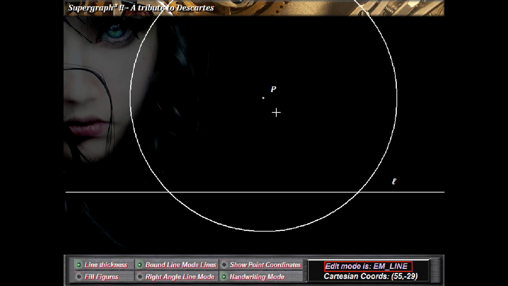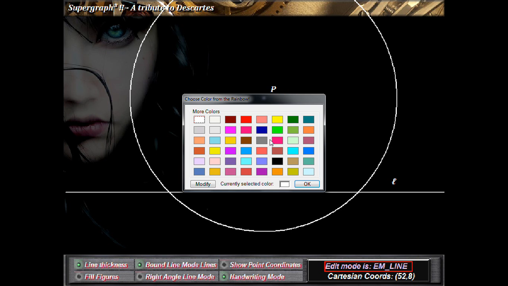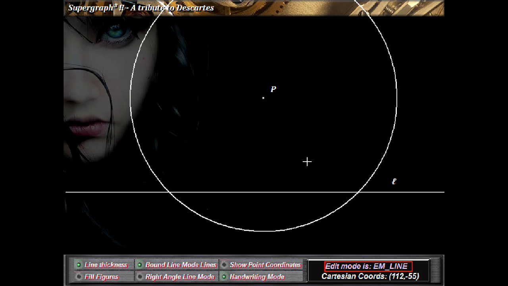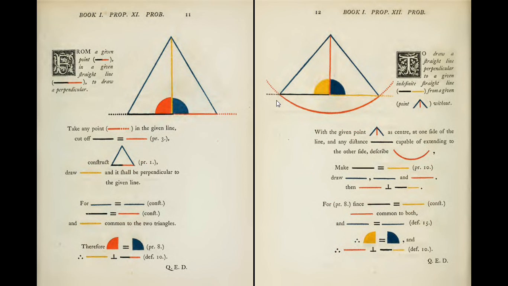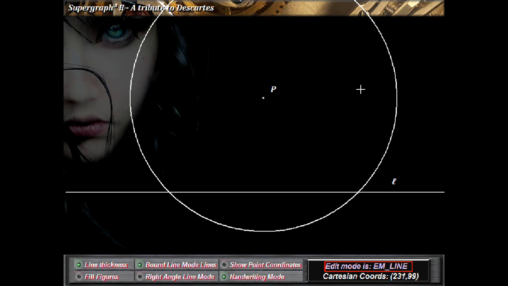And now, actually, I want blue, I think. This color. To the intersection points of the circle and the line, of which there are two, I'm going to draw two equal length lines.